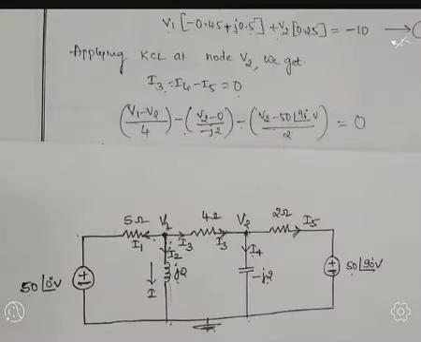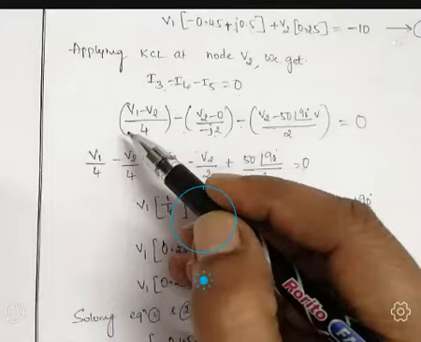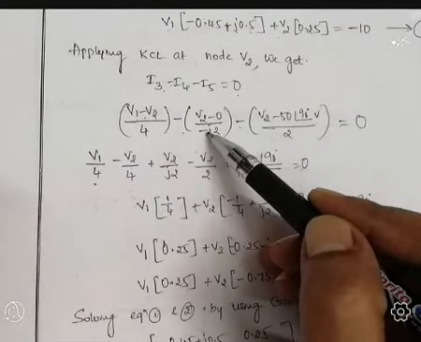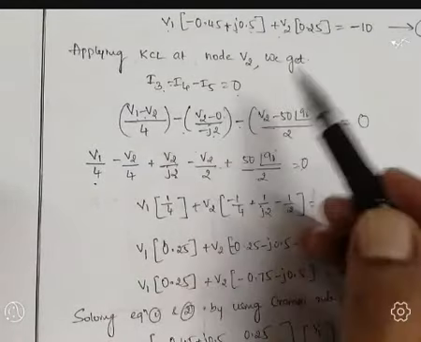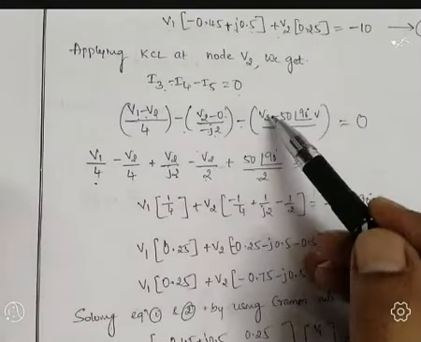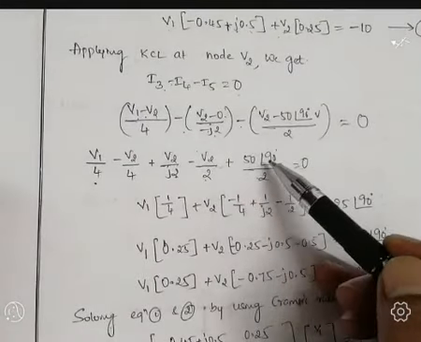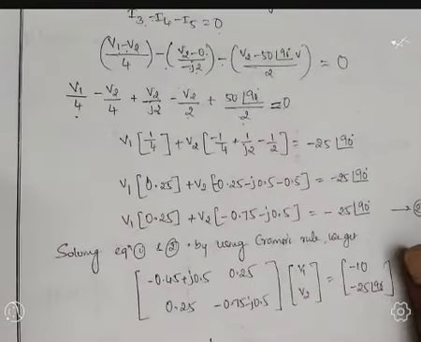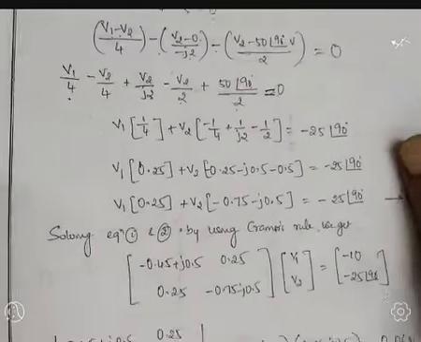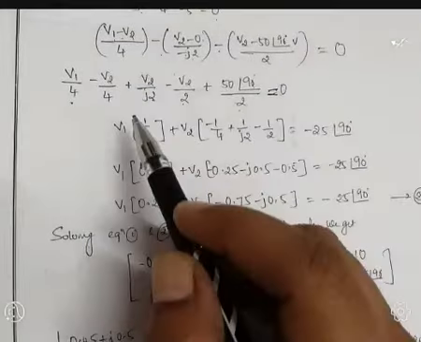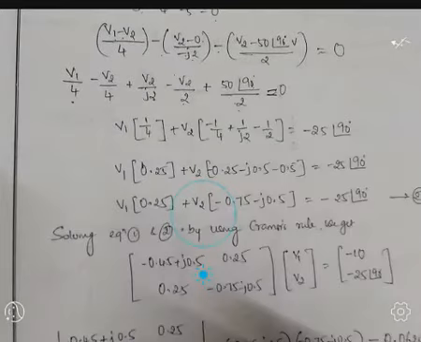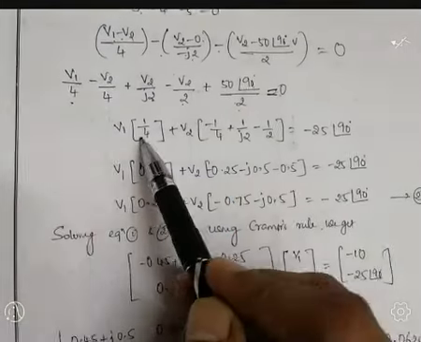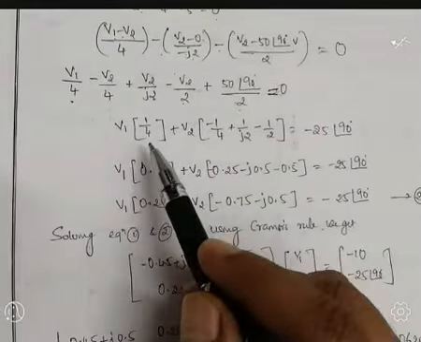Next step is simplification. V1 by 4 minus V2 by 4, minus of minus becomes plus V2 by j2, minus V2 by 2, minus into minus plus 50∠90° divided by 2 is equal to 0. Next simplification: I observe the coefficients of V1. If I take V1 common, left with 1 by 4. I'm going to express in terms of two unknowns, V1 and V2.